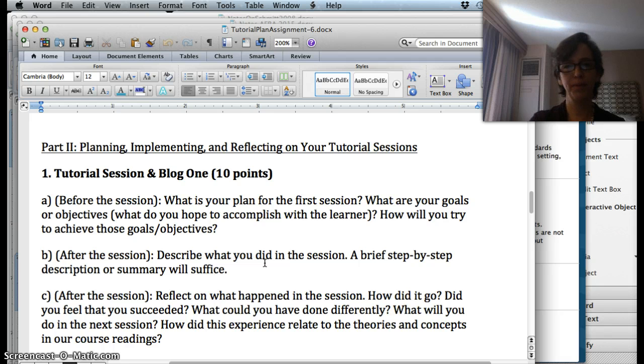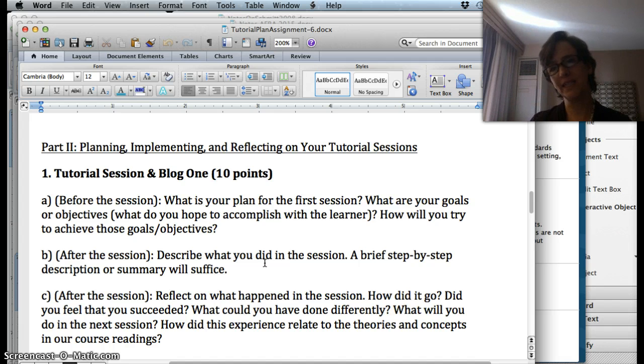You need to be able to shift and change your ideas, and it's not a plan that you're sort of forcing on the student. You have a general idea and materials for what you want to work on, and you get there and you just try to be really flexible and work with the student and see where it goes.